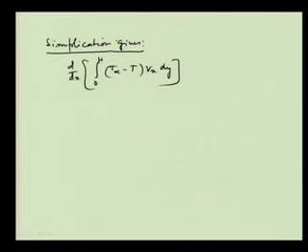Simplification of this gives d/dx of the integral from 0 to h of (T infinity minus T) V x dy is equal to alpha into del T by del y at y equals 0.